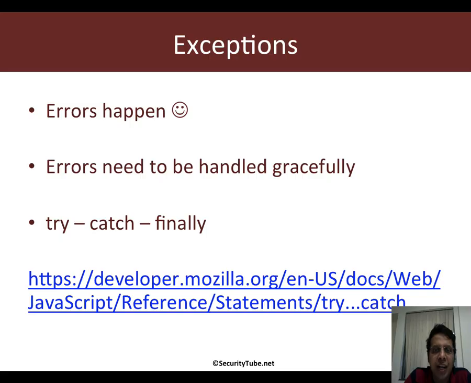However, one needs to handle these errors in a graceful way, and this is where exception handling comes in. Now basically the try catch finally block is pretty much the standard for handling exceptions in most object-oriented programming languages. So I've given you a link, but let me illustrate how try catch finally works.